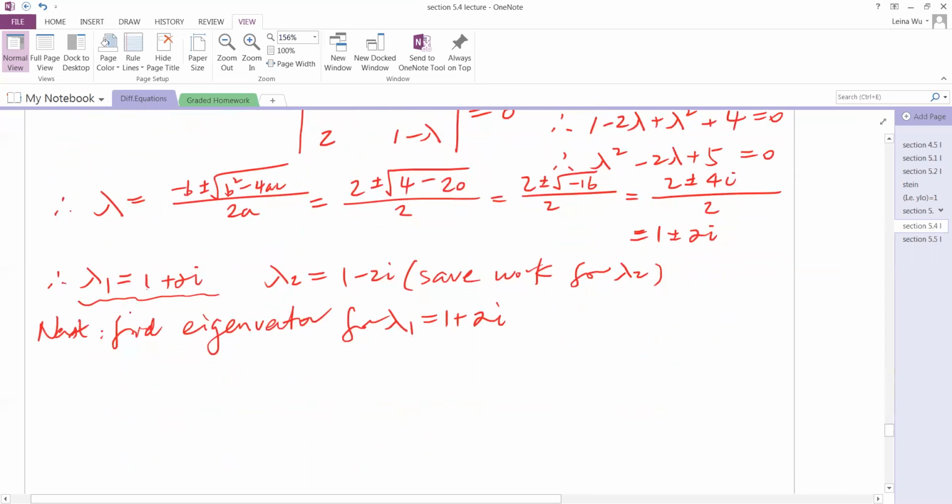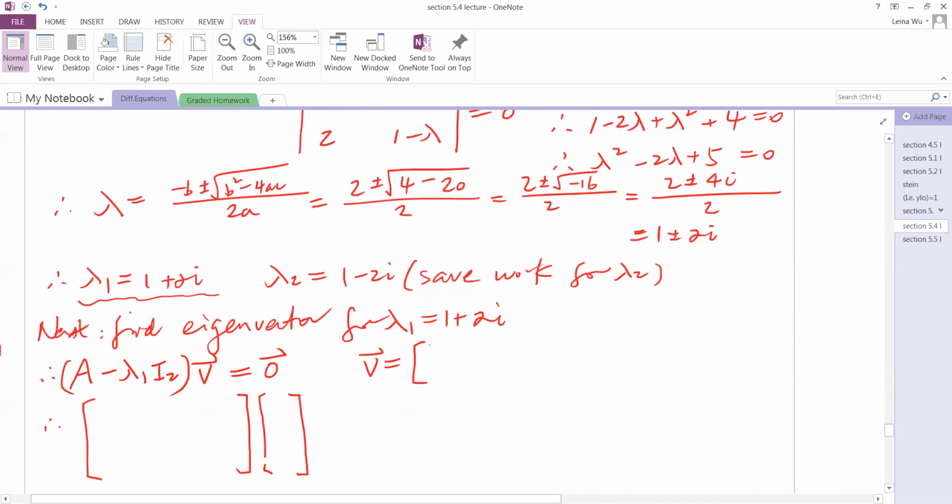Okay, so we're going to do A minus lambda 1 I2 times vector v equals the 0 vector, right? Which would give me this equation. Here, vector v, again, still has 2 components, a and b.